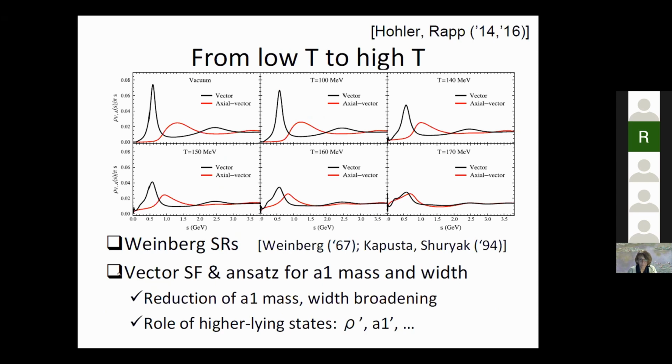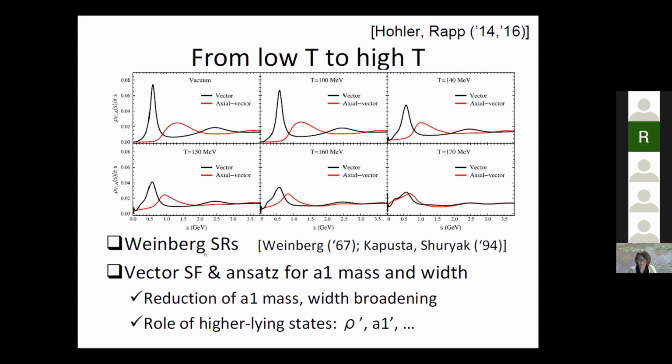They started with the vector spectral function constructed by Ralph and his collaborators, which was confronted with the measurements, so this is a good in-medium version of the vector spectral function. The question is how to obtain consistently the corresponding in-medium axial vector spectral function. For this purpose, they utilize the model independent relations, the Weinberg sum rules for the rho meson, vector and axial vector spectral functions.